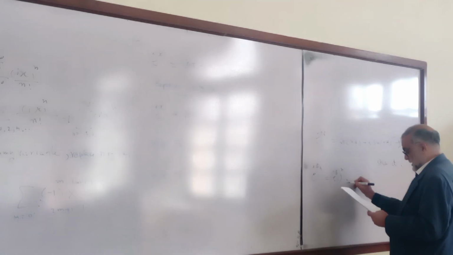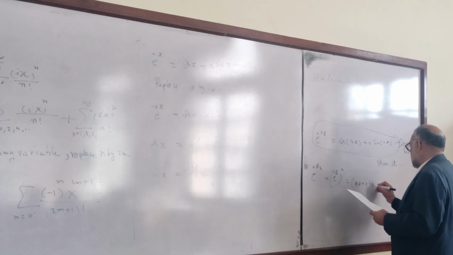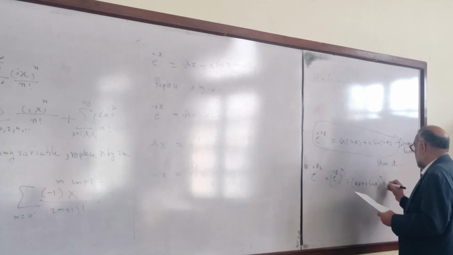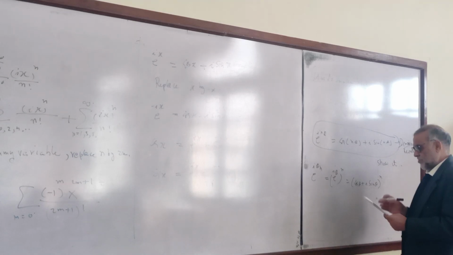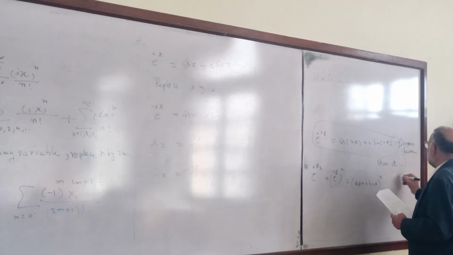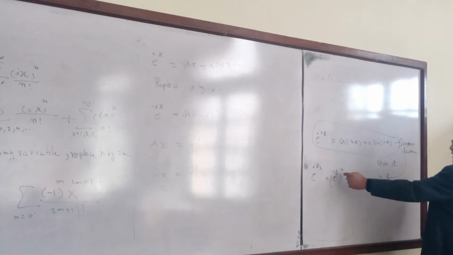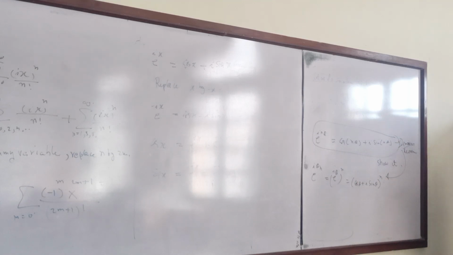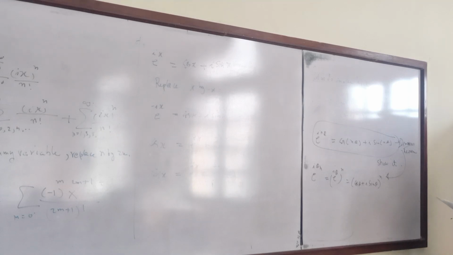And that is cosine of theta plus iota sine of theta, to the power n. This is actually De Moivre's theorem: e to the power i theta to the power n is equal to cos theta plus iota sin theta to the power n. The same thing.